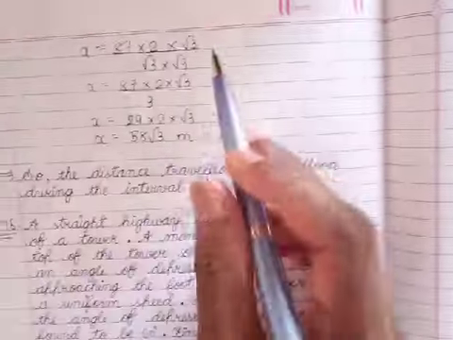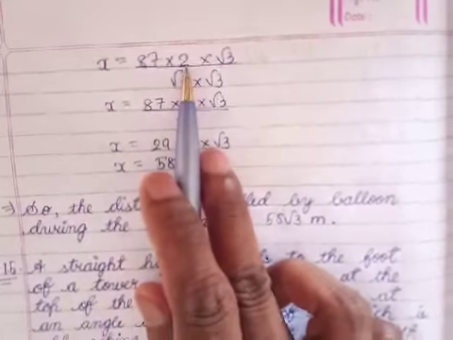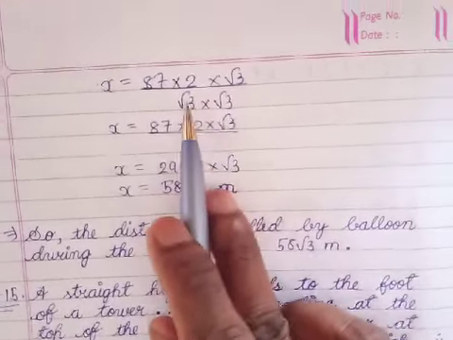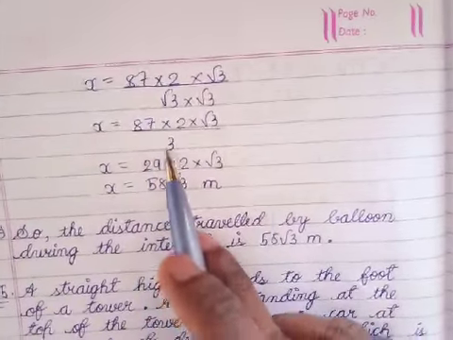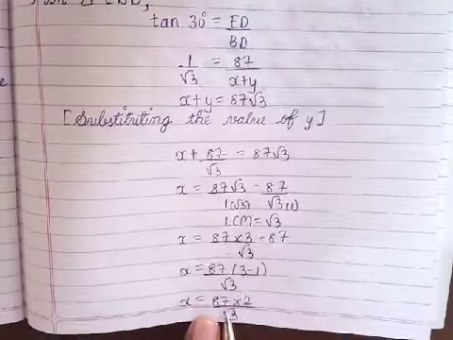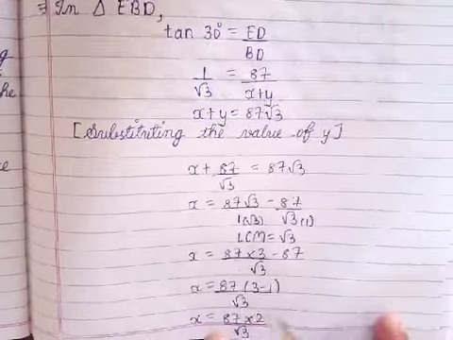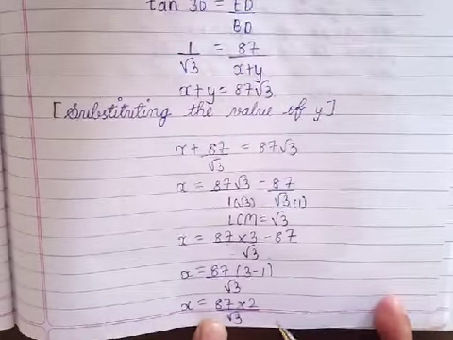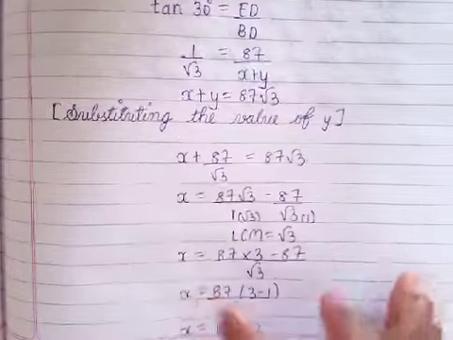So if you simplify this, the denominator cannot be in root, so we have to multiply the numerator and denominator with root 3. Root 3 and root 3 will multiply and we get 3.